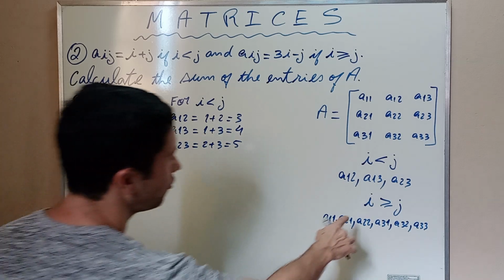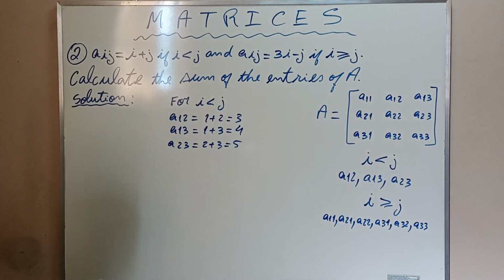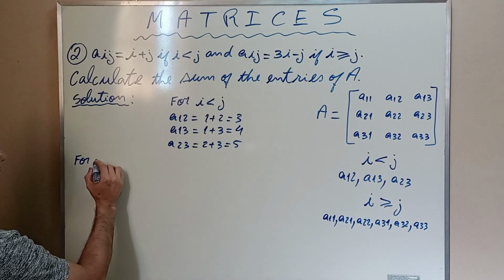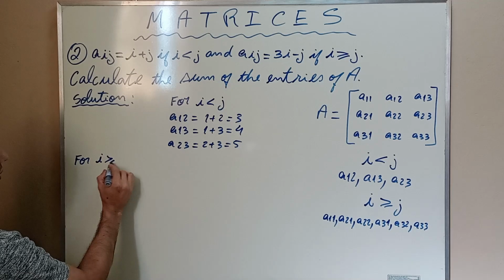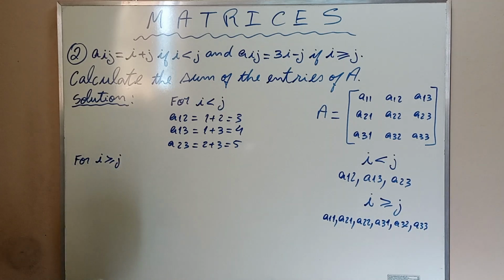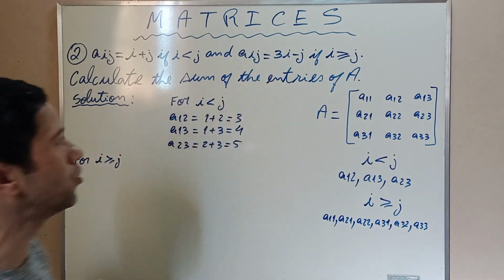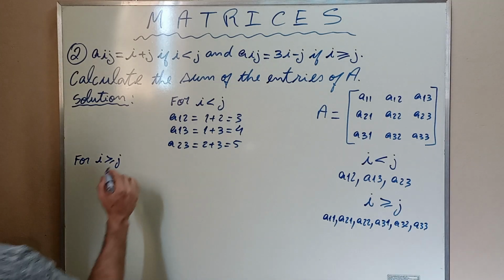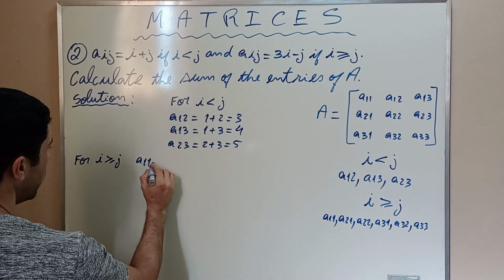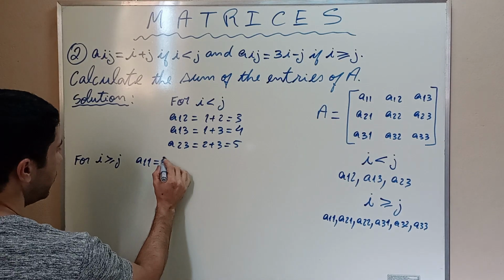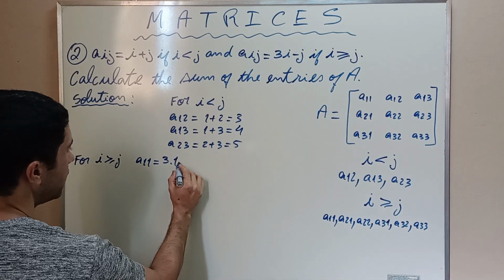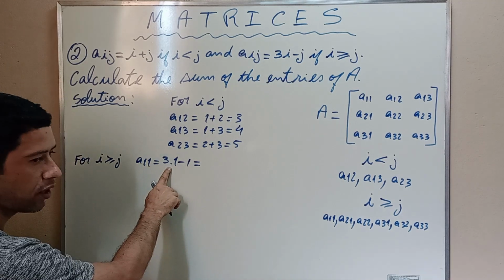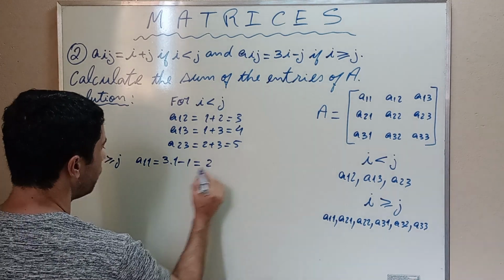Now for entries in which i is greater than or equal to j, for i greater than or equal to j. The rule of formation is this, Aij is equal to 3i minus j. The first one is A11, and this is equal to 3 times 1 minus 1, and this is equal to 3 minus 1 is 2.